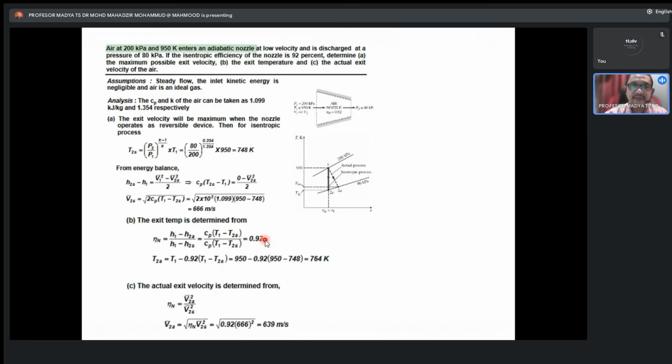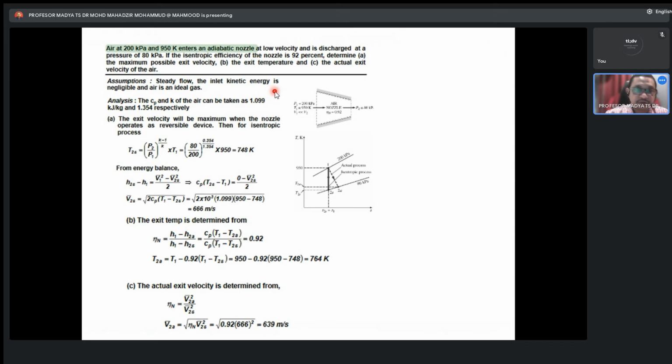These are the assumptions. Firstly, you have to assume that the situation is steady flow and the inlet kinetic energy is negligible, because it said low velocity for the inlet, and air is an ideal gas. This working fluid is air, so you assume it as an ideal gas, which means you can use the ideal gas law.